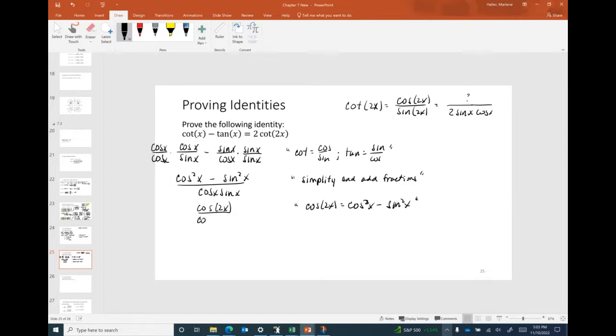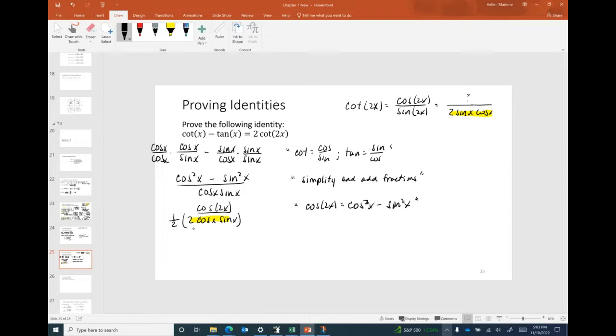Now my denominator is cosine x sine x, right? But I want it to be 2 cosine x sine x, or 2 sine x cosine x, so that I can make the substitution. I can add a 2 if I'd like, but I need to undo it as well. I didn't have the 2, so I have to add the 2, but then I have to undo the 2 as well because I don't want to change the value of that denominator.